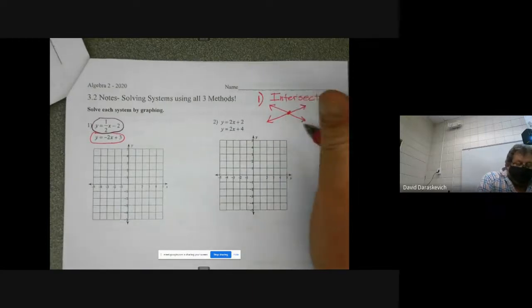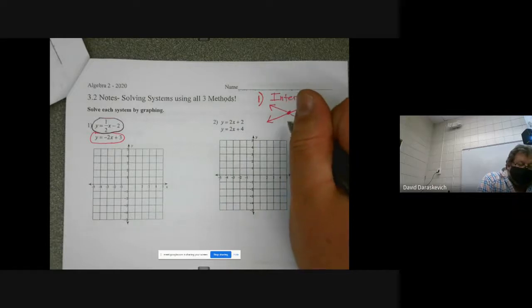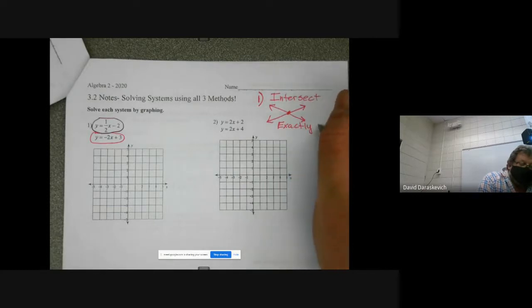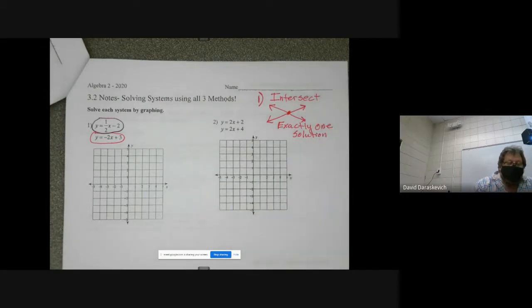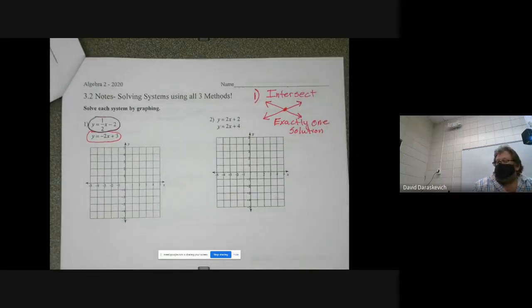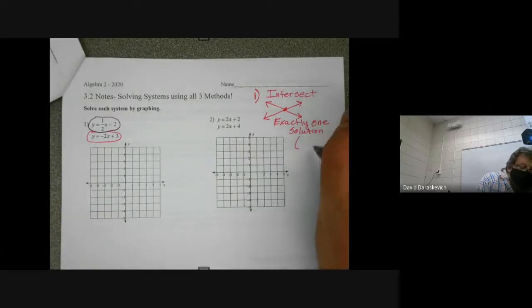So that's my first solution scenario. I can have exactly one solution. Okay, and that solution, notice, is a point. So I have to give my answer as a point. Parenthesis, comma, parenthesis. Then I'm going to have an X and a Y value.